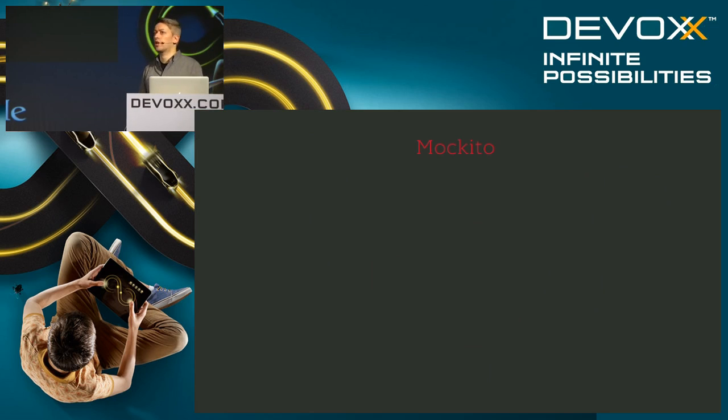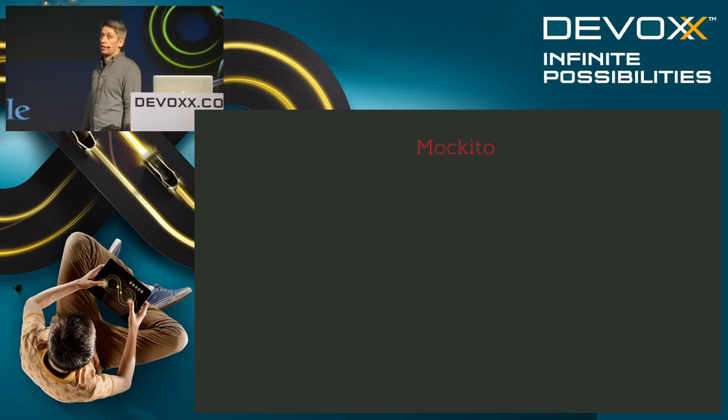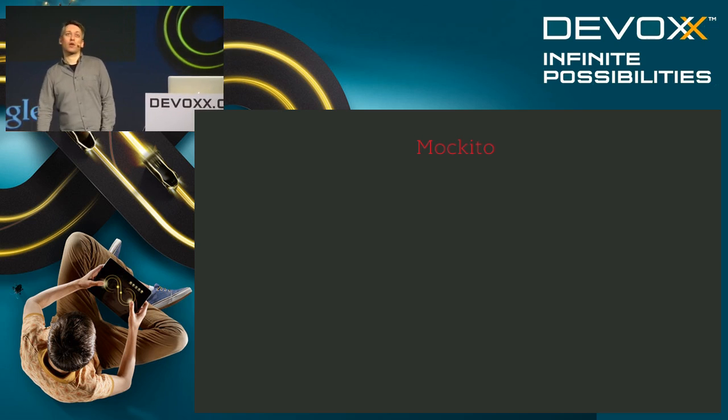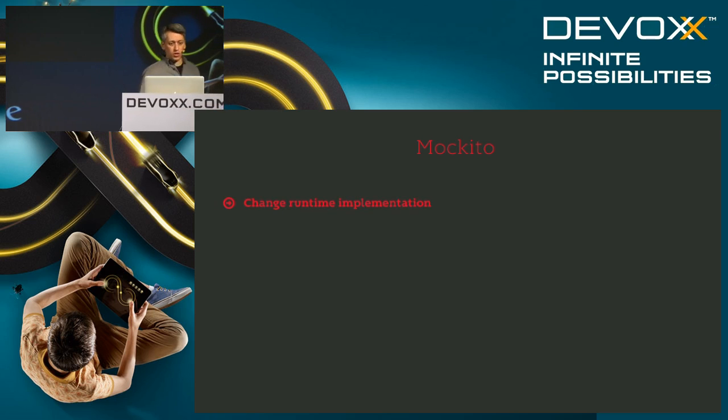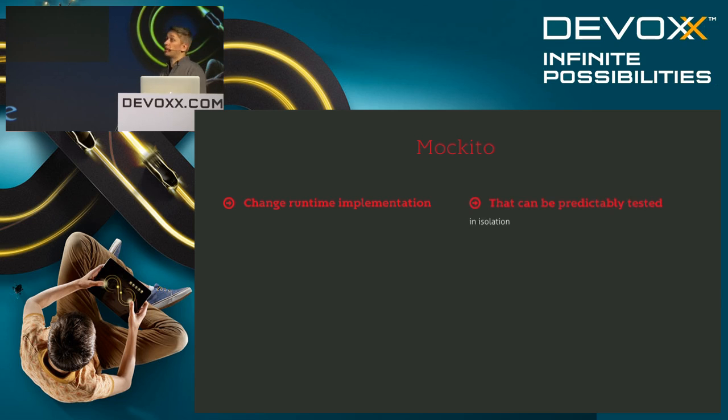That's also a very well-known library among Java developers. Good thing to know is that we can also use this for Android development. So basically, if you want to change runtime implementation of objects so that you can have predictable tests that run in isolation, you can use a tool called Mockito. And you can also use it to then verify behavior.